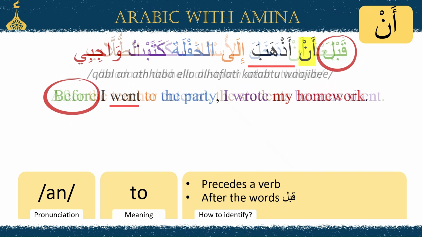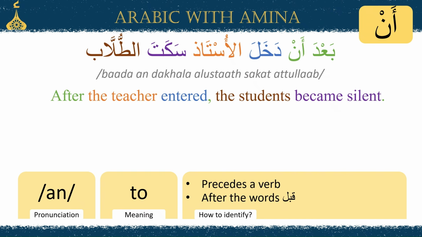This can also happen if we use the word ba'd. So, بعد أن دخل الأستاذ سكت الطلاب. After the teacher entered, the students became silent. Again, the word after an is a verb, and before it is an adverb of time, after. بعد.